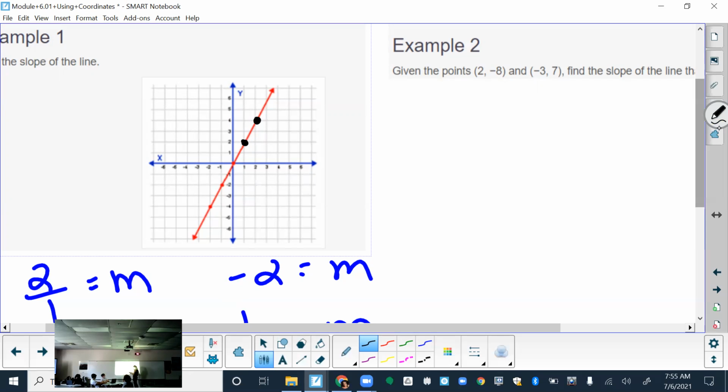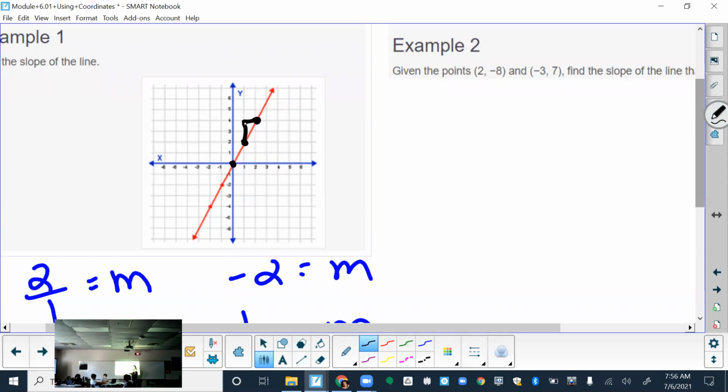You might have to count those points yourself. To use the rise over run method, you just have to pick any 2 points. I could pick these 2, or this one over here and that one, it doesn't matter. But I'll just pick these 2 right here and draw a triangle to connect them. That'll help me better see my rise and my run.